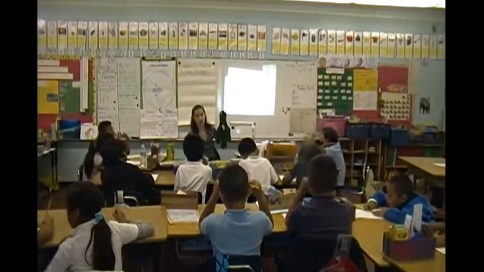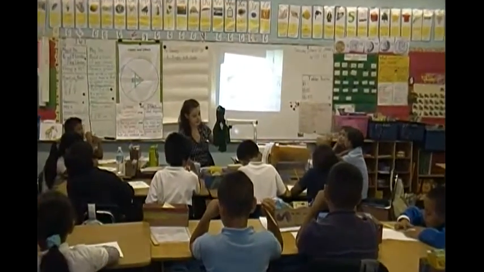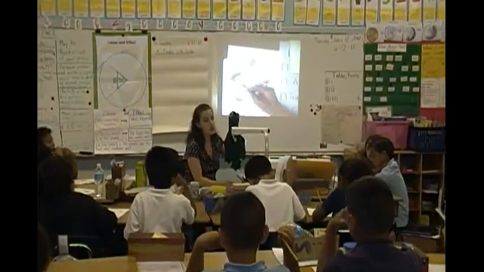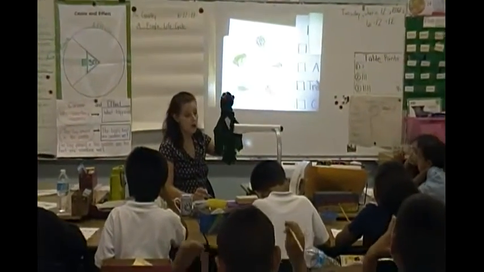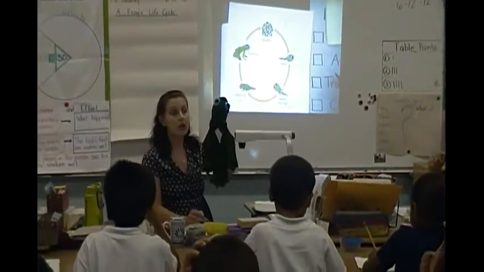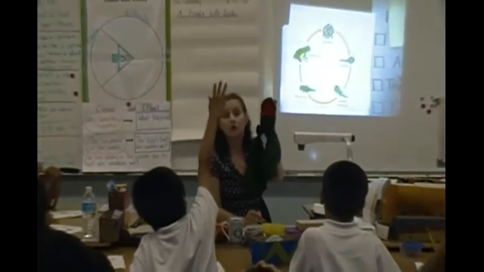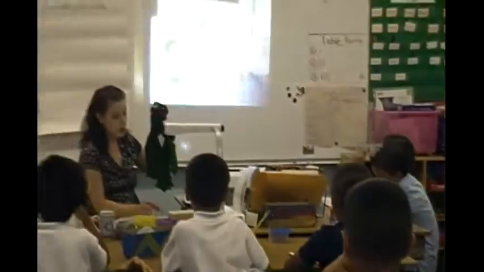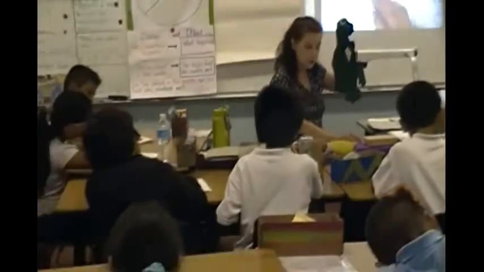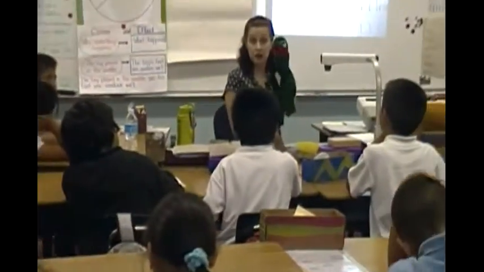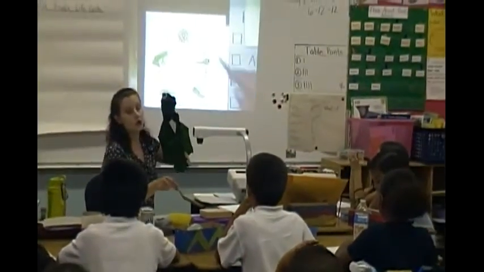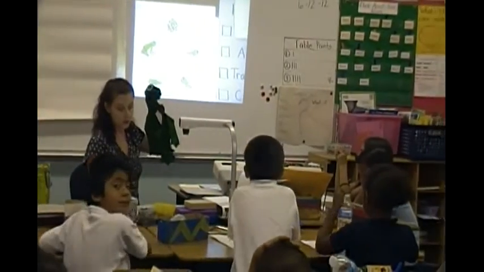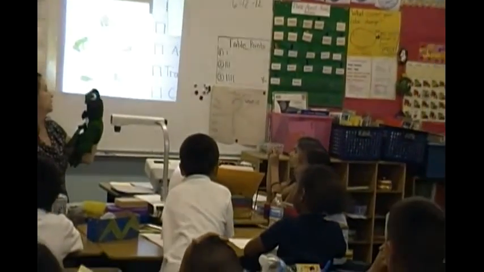That's what makes it a froglet. And then we go to the last stage in our frog's life. And what is that? The last stage of the frog life cycle? The adult frog. Exactly. Then it starts all around again. All right. Thank you so much, Freddie, for helping us out.